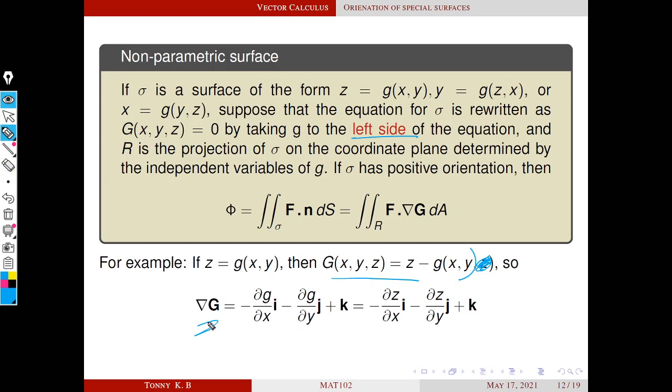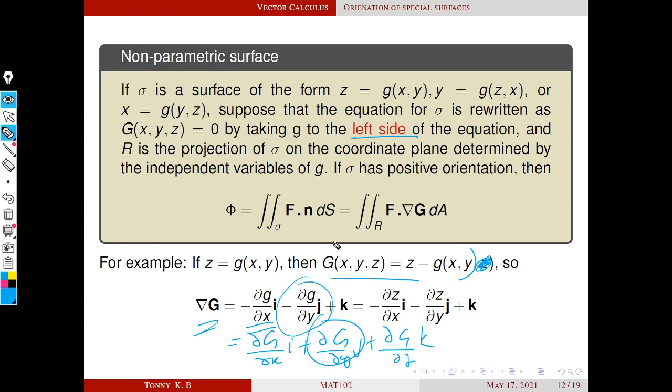Actually, what is del G? Del G is dou G by dou x i plus dou G by dou y j plus dou G by dou z k. This is the formula of the gradient. And what about dou G by dou x? You differentiate this expression with respect to x, that is minus dou g by dou x. If you differentiate with respect to y, capital G becomes minus dou g by dou y.